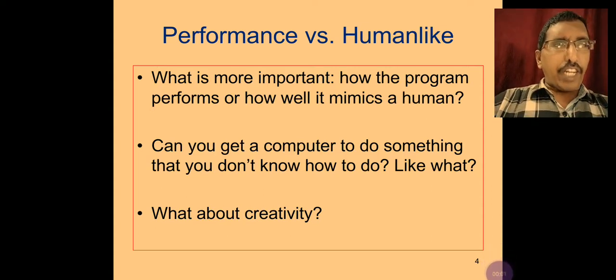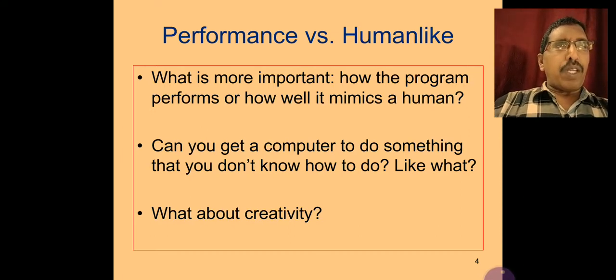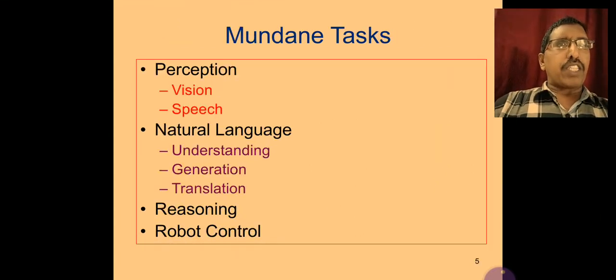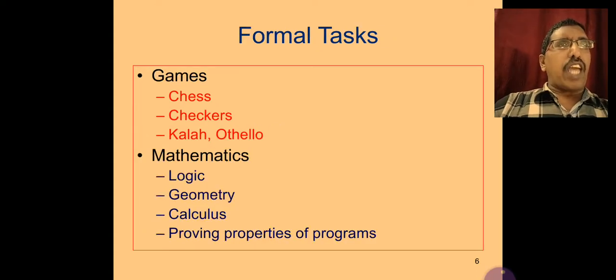An artificially intelligent computer should be able to perform mainly three types of tasks. The first one is mundane tasks. Mundane tasks include the ability to see, the ability to hear, the ability to understand natural languages, the ability to generate natural languages, and to do some reasoning work. Another kind is formal tasks.